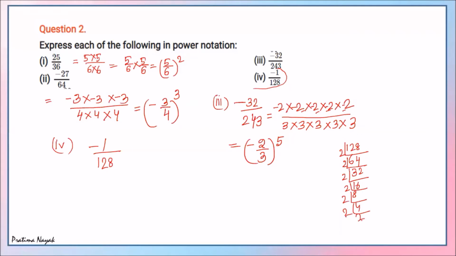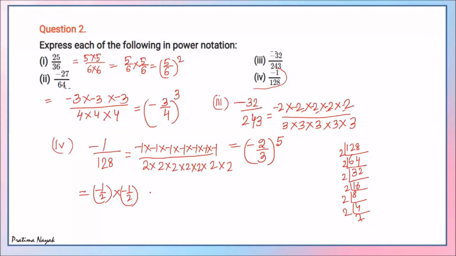So how many times? 1, 2, 3, 4, 5, 6, 7. So when it is 7 times, I'll write minus 1 also 7 times, upon 2 into 2 into 2 into 2 into 2 into 2 into 2. 1, 2, 3, 4, 5, 6, 7. So it will be minus 1 by 2 multiplied by minus 1 by 2, how many times? 7 times. (-1 by 2) to the power 7.